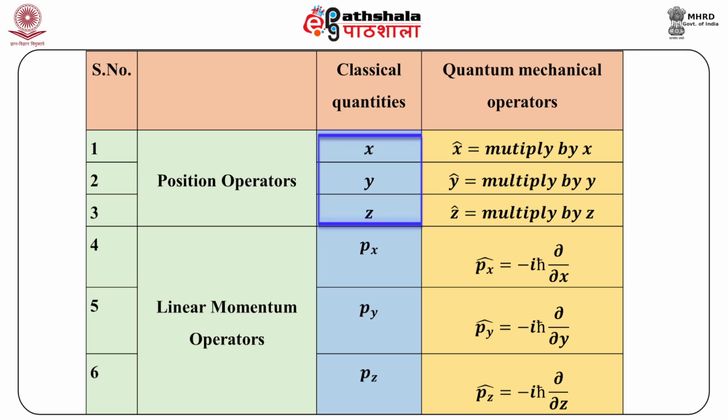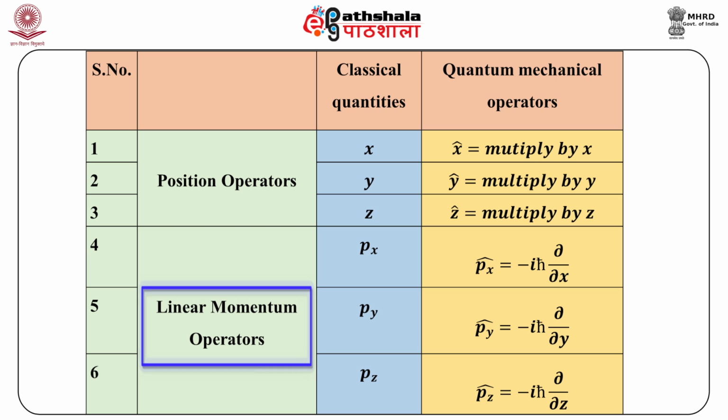Those could be x or y or z, and they are correspondingly written as x cap, which would mean multiplying by x. Y cap would mean multiplying by y, and z cap would mean multiplying by z. So these are position operators.